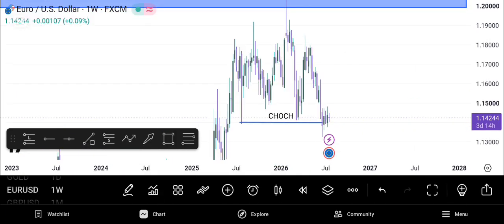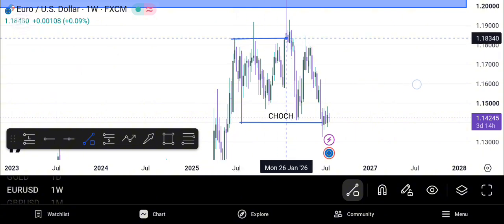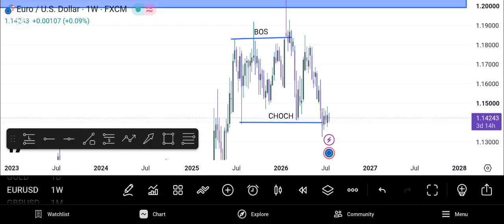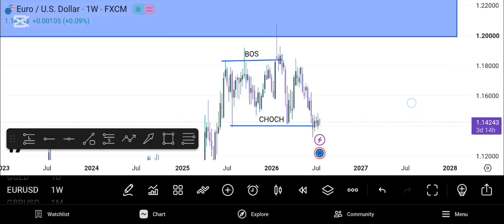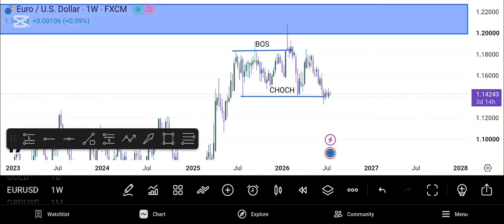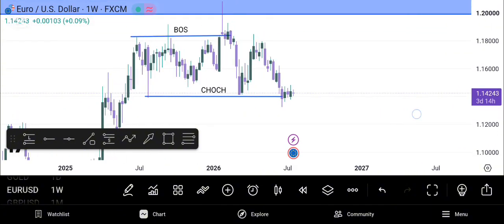We can see that after we had this break of structure here to the upside, which was the highest point of price, which was the most recent structure, price gave us change of character.